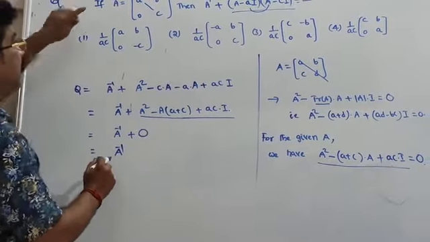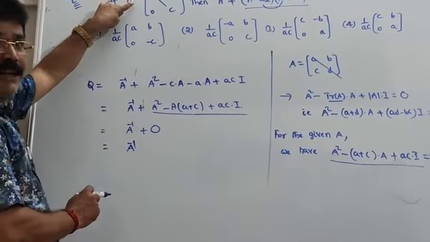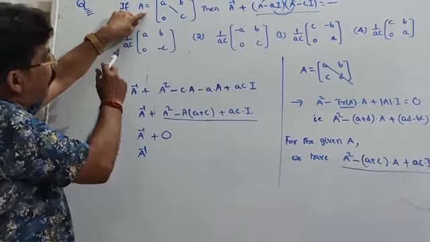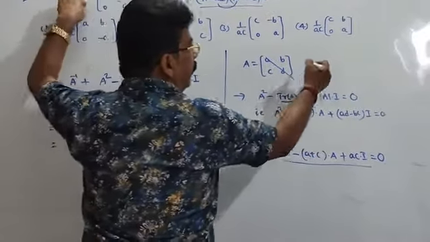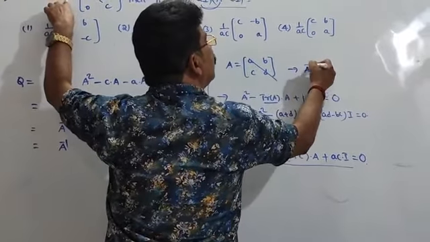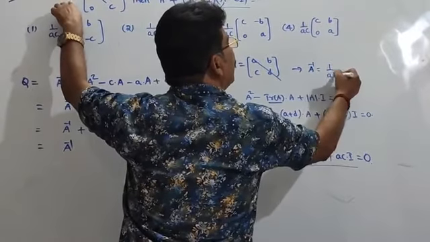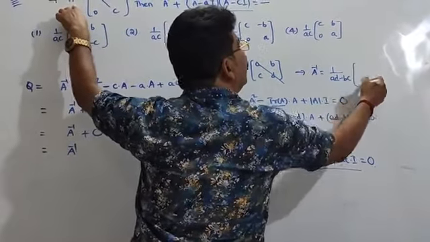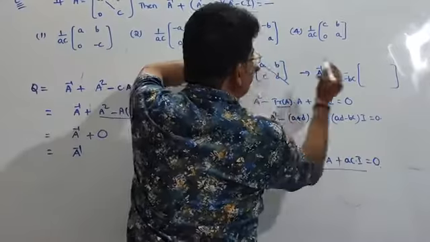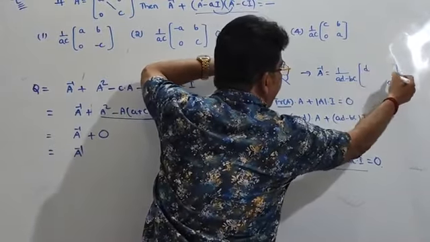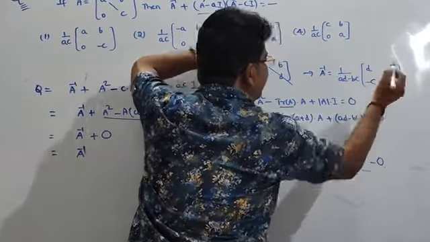So A inverse, already I said the A inverse for the given [A, B; C, D]. Here A inverse is equal to 1 by AD minus BC into the matrix with D and A interchanged and B, C negated.